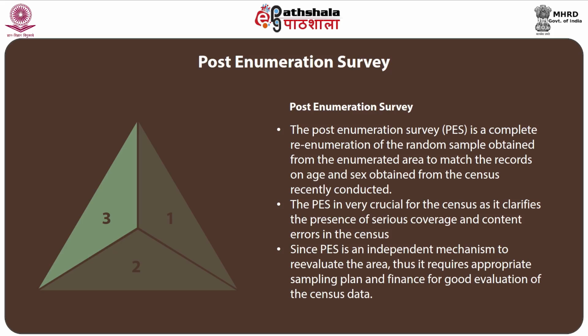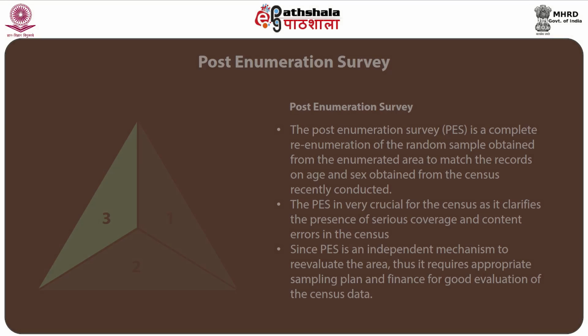Since PES is an independent mechanism to re-evaluate the area, it requires an appropriate sampling plan and finance for good evaluation of the census data. Also, through PES, one can identify the erroneous procedures in the census and the large scale surveys, and hence they can be rectified for improved implementation of future surveys and census.